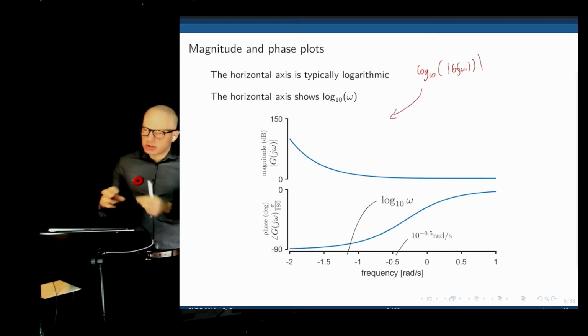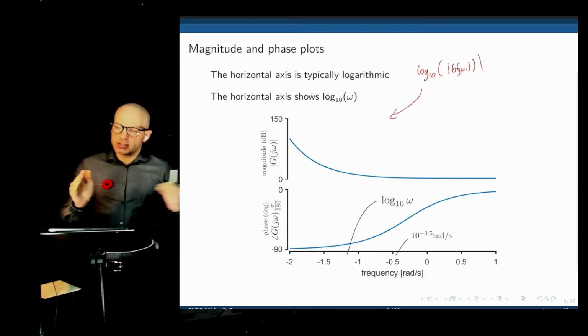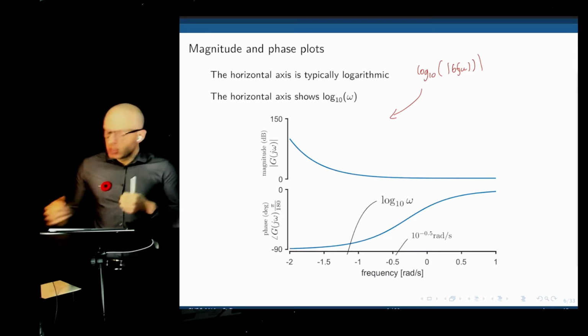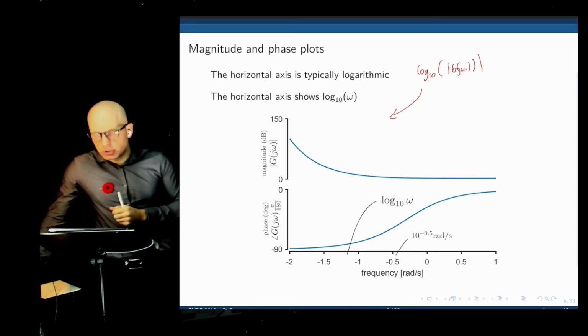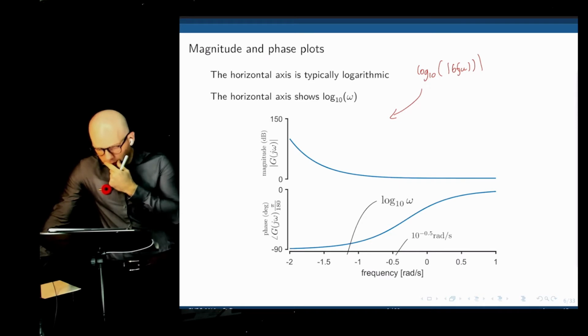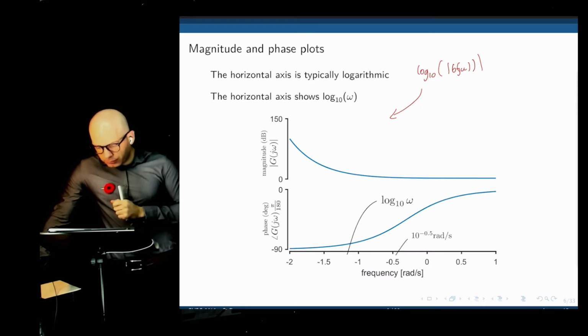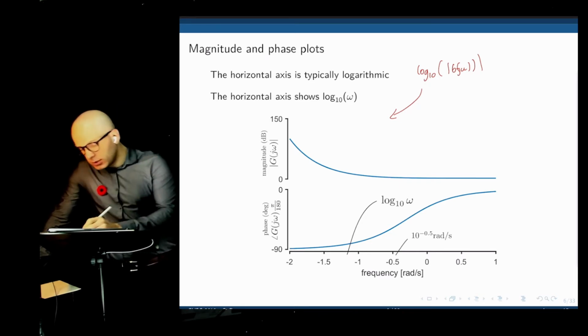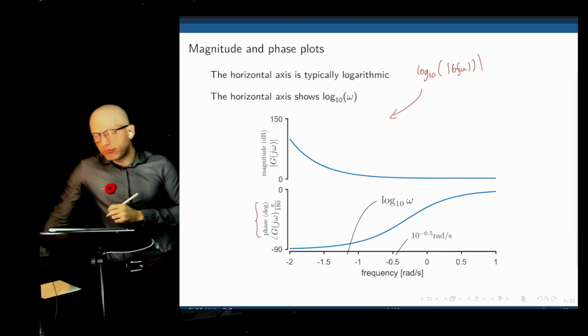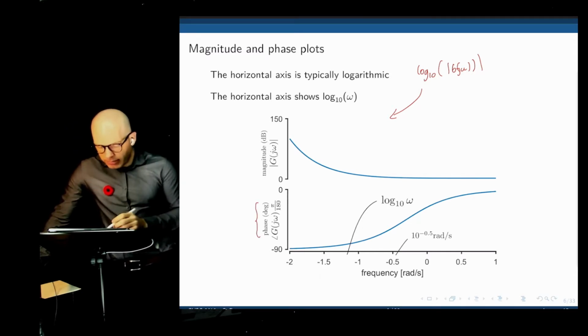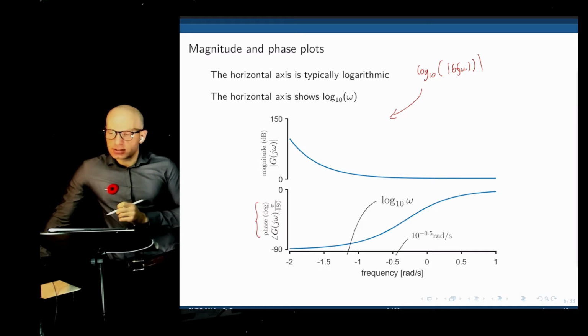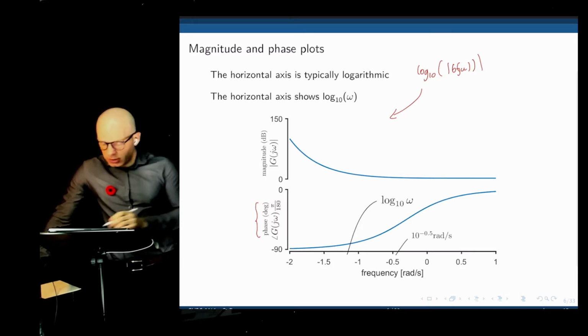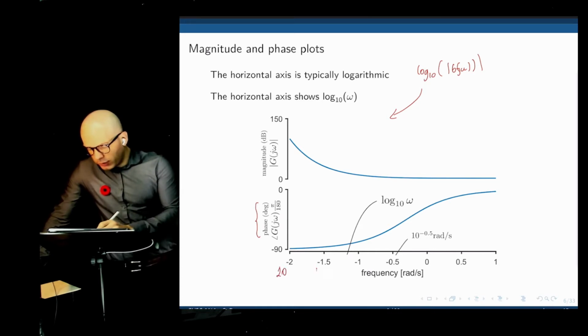You can see now that the change spreads out a bit, and it's easier to see what the changes in the transfer function magnitude are. The phase is still in degrees. You notice here that we didn't change the phase scale, it's still in degrees, but the x-axis is also now in log scale. So these numbers that we see now are in fact the powers of 10.